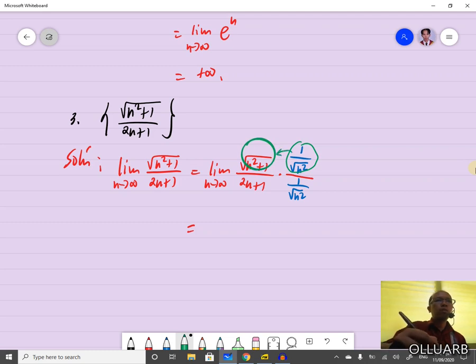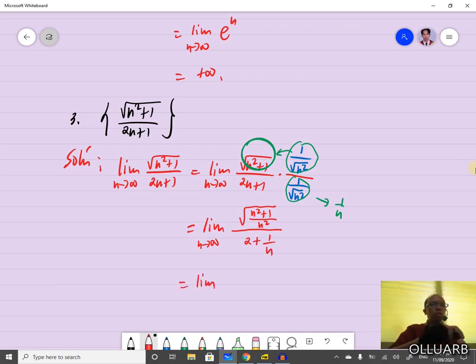Okay, so if you try to distribute, the limit of this will become n squared plus 1 over n squared. In the denominator, as you have noticed, this is 1 over n, since our n approaches positive infinity. So this is 2 plus 1 over n.